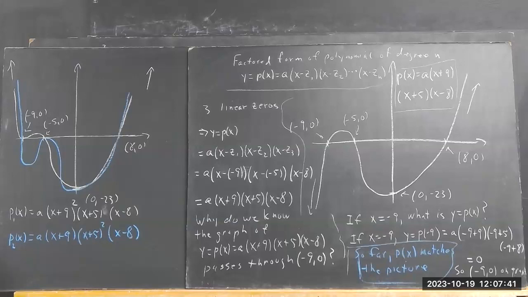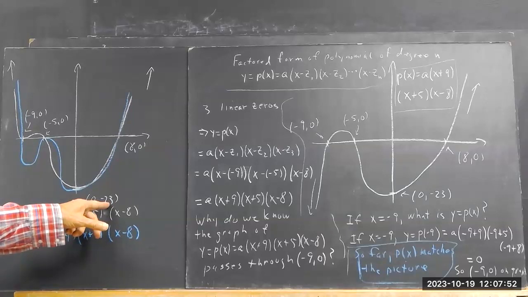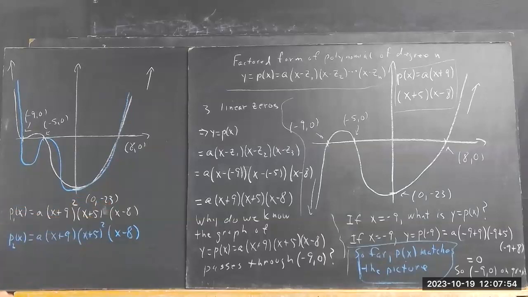All we have to do to finish the function is find out what a is. How do we find out what a is? We plug in x equals 0 and y equals -23. And to complete this, I really should write y equals a times the factors. Okay?